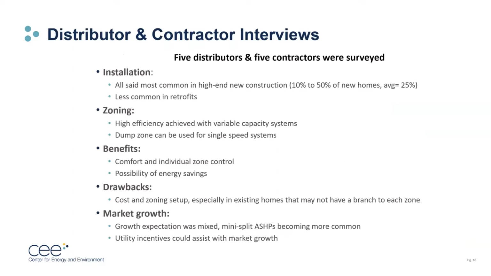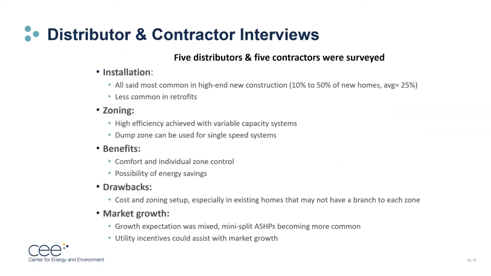have multi-zone systems. As far as the zoning that's required, all the contractors agreed that high efficiency results by using communicating variable speed systems. A dump zone can be used for single speed, but isn't as effective. The benefits, primarily, they indicated that comfort was the primary benefit and direct control.